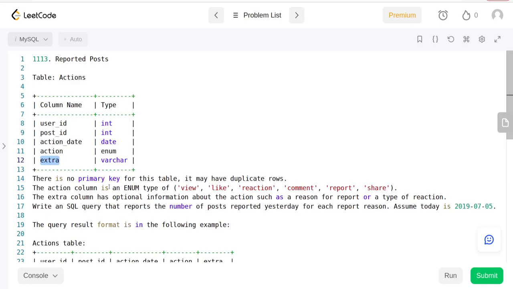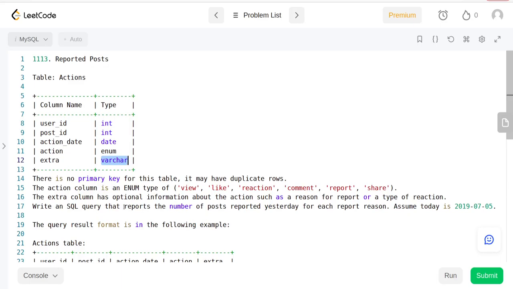The action column is an enum, and it can have view, like, reaction, comment, report, and share. The extra column has optional information. This one, which is a varchar, is going to have extra information, such as a reason for a report or type of creation.